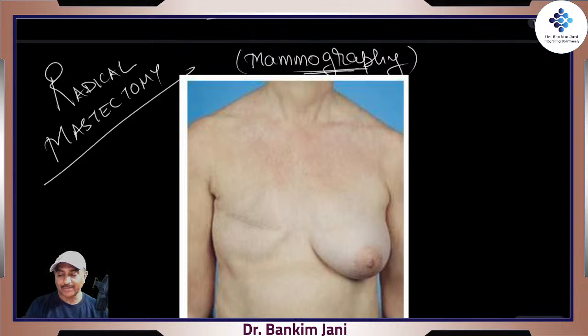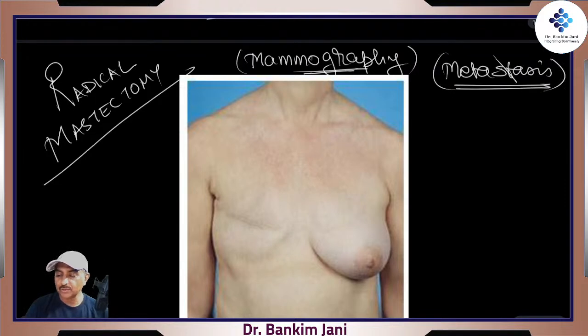So in mammography, if the breast is examined and it is figured out that yes, this is carcinoma, you go for a CT scan to figure out whether the lymph nodes are involved or not. And you find that the metastasis is not present.